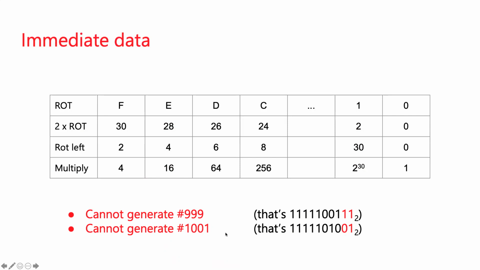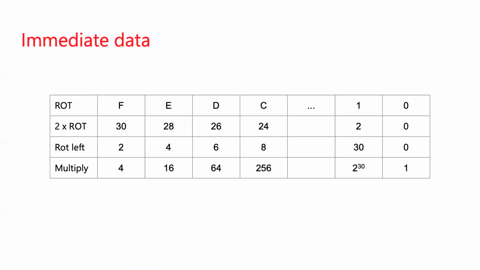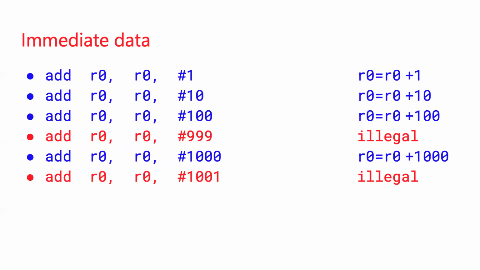The assembler will tell you if you try to use an immediate value you can't have. Well, that just means you're going to have to get that value some other way. If you wanted to do this, but you can't use an immediate value like that, typically you would use the LDR instruction to load a value into a register.